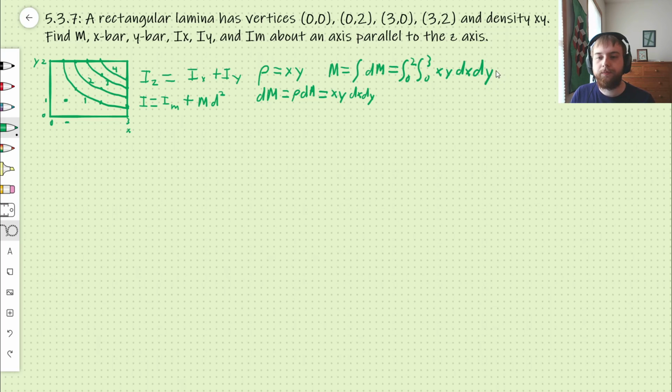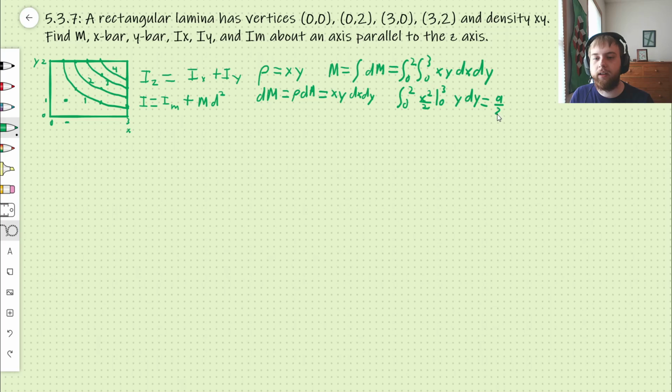Okay, so we can do this integration. So this is 0 to 2, and then our x turns into x squared over 2 from 0 to 3. And don't forget our y here, dy. Okay, so from 0 to 3, 3 squared is 9, so 9 halves.